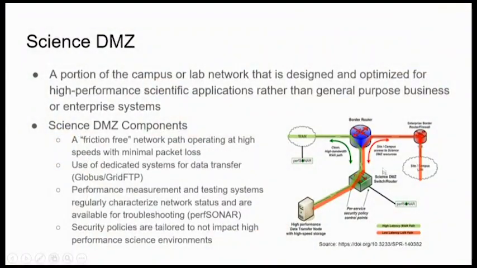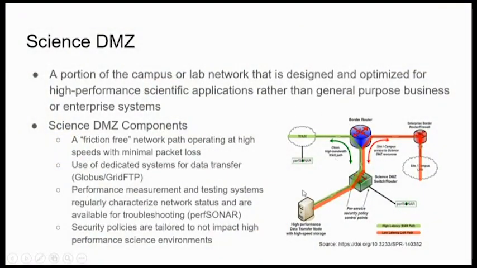So a science DMZ model is very unique because it provides certain characteristics to allow research to be performed at a very high speed. The science DMZ model, as you can see right here, is the green line.